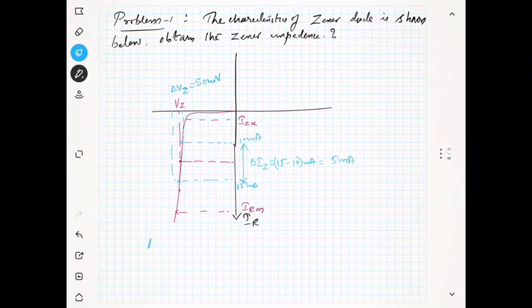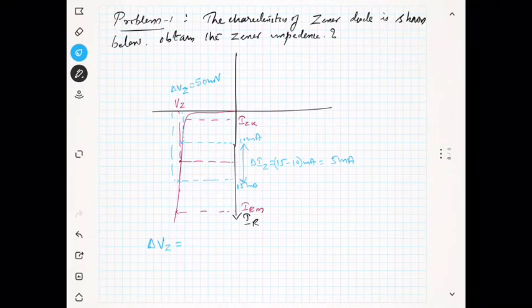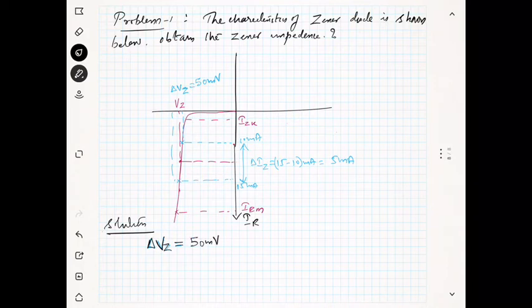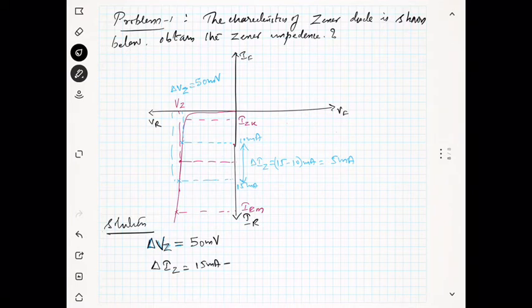So the solution. It is given, and it is evident from the graph, that delta Vz is 50 millivolt, and delta Iz you can find as 15 milliampere minus 10 milliampere, which is equal to 5 milliampere.